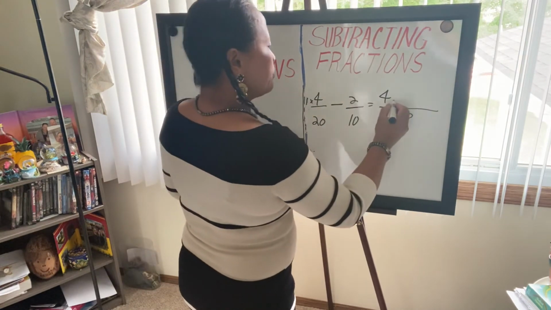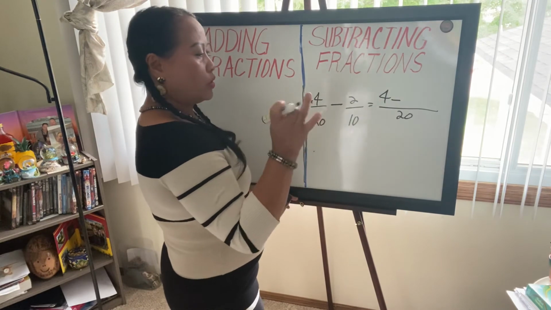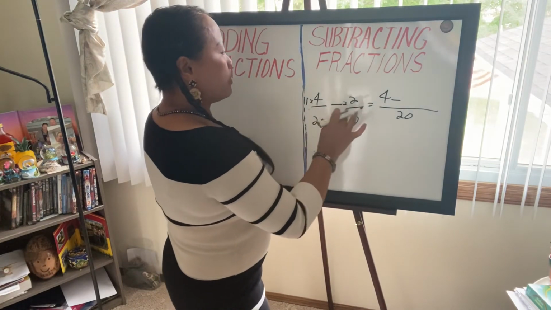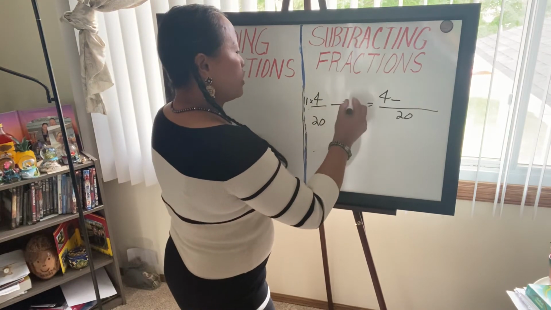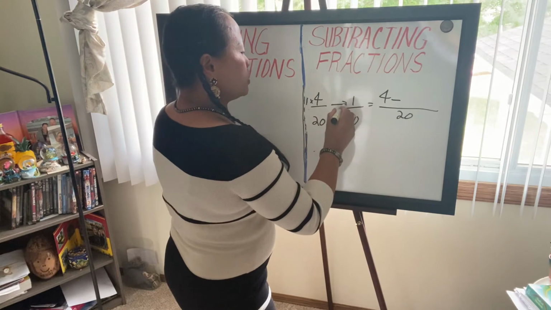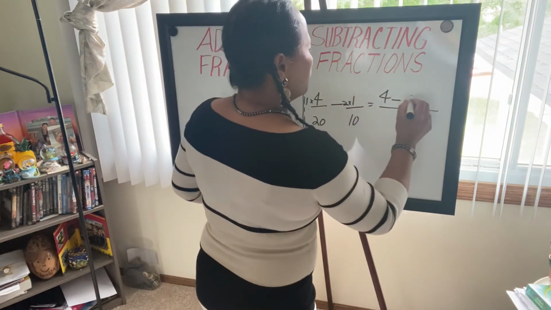And then minus 20 by 10 equals 2. And then 2 times 1 equals 2.